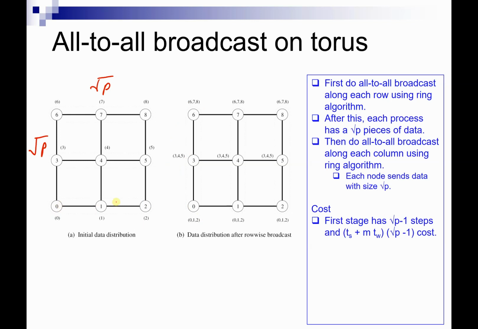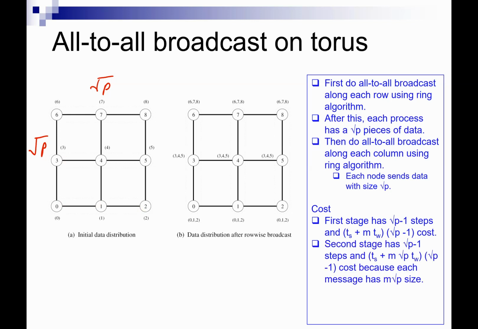Here we only want to do broadcast along a row of root p processes. Therefore, the cost is this expression times root p minus 1. That's the first stage, the row-wise all-to-all broadcasts.